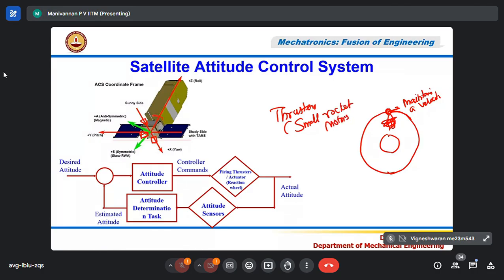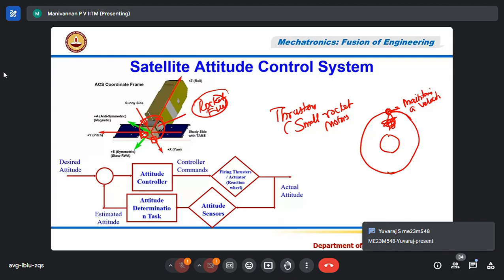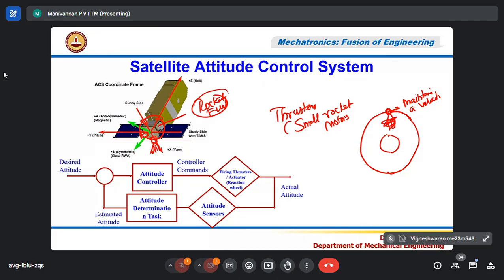That means inside the satellite, while launching, the satellite has some volume and also a fuel tank, rocket fuel. Rocket fuel will be stored inside the satellite also. That fuel will be used to fire the rockets. So by firing the rockets, I can maintain the orientation, maintain the attitude.